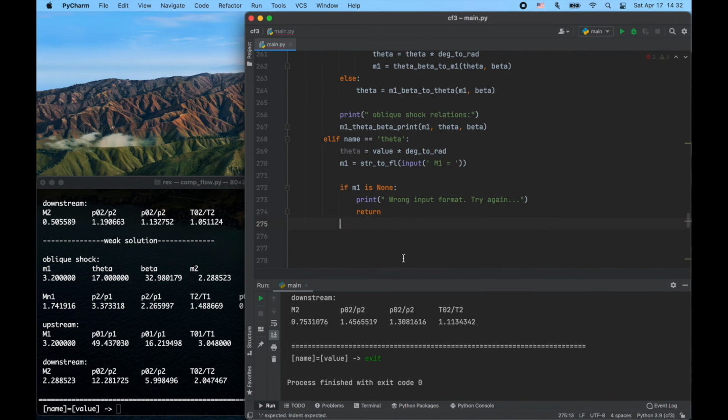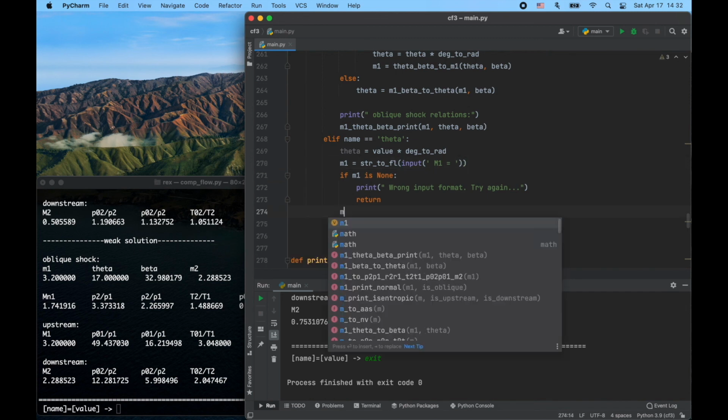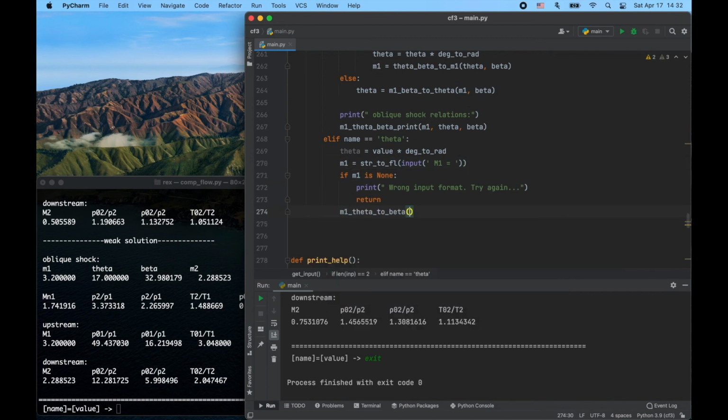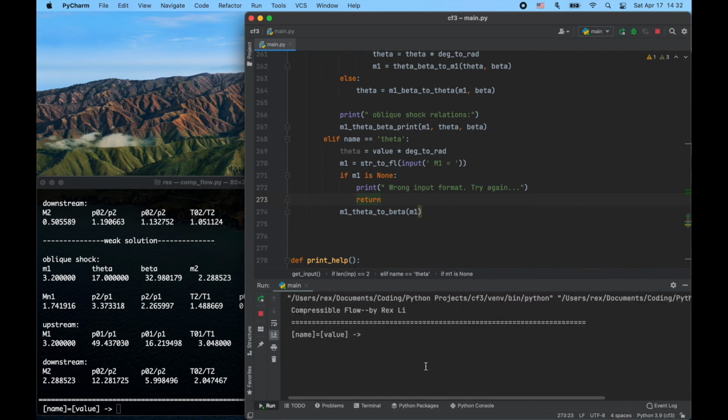Okay, let's give it a try. So theta is going to be 17 degrees. Right, Mach number is maybe 2.0. Okay, this is something that is wrong. Oh, here. It should be M1 and theta.